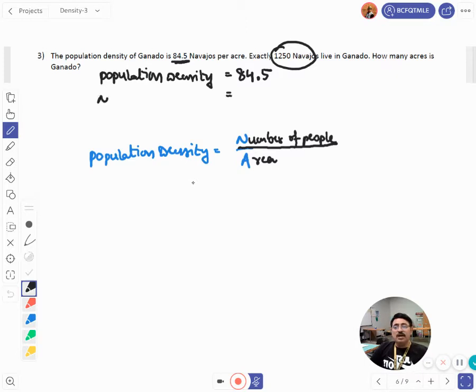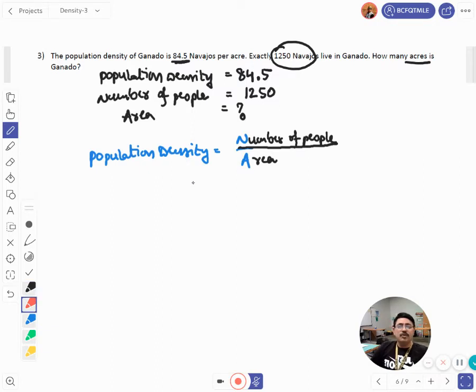That means the number of people is given. Actually, I know that it is not that dense, but I'm just taking some numbers. And how many acres? That means the question is what is the area, right? Now just plug in these numbers.